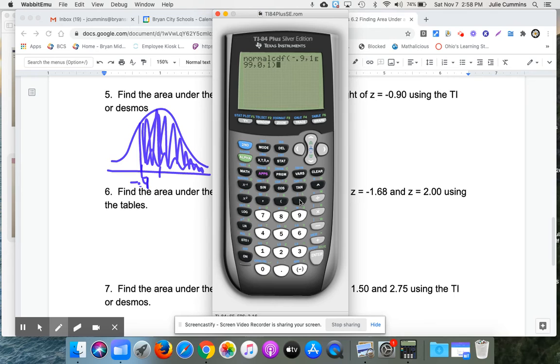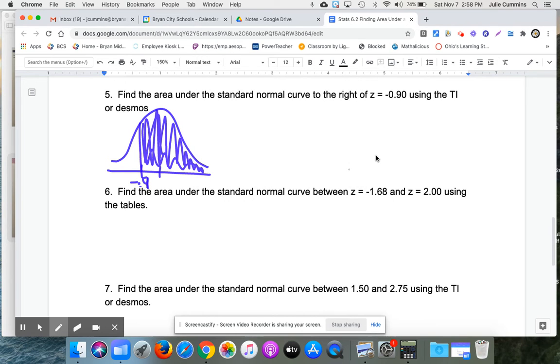You're going to hit paste, and then it'll pop up with this normal CDF thing like I've got, and we'll hit enter, and we get 0.8159. Okay, looks right. So over here, penciling it in: the probability that we are greater than negative 0.9 is 0.8159.